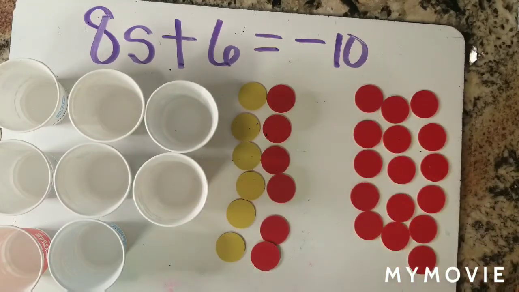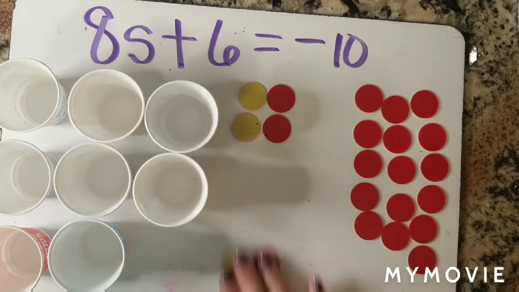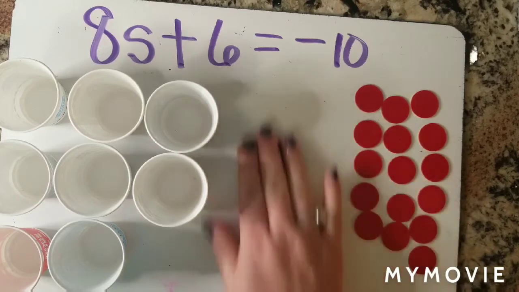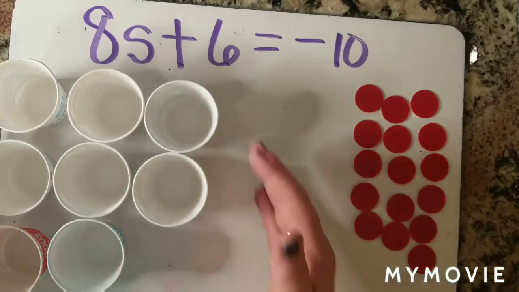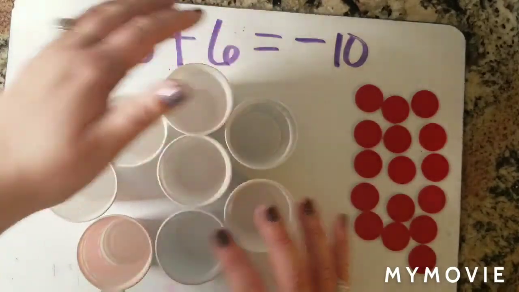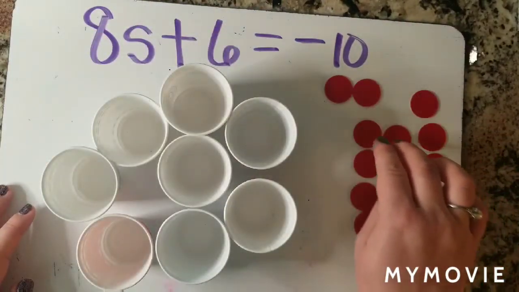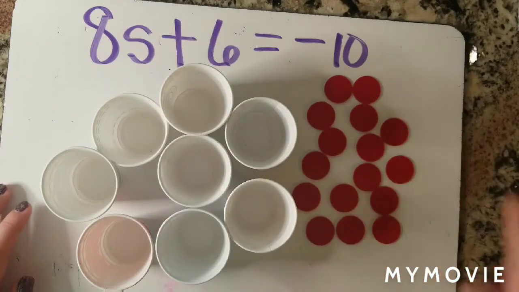Okay, so now we can get rid of our additive inverses. So we'll get rid of it here. I don't have any here, so I'll leave that alone. So now I'm left with 8s is equal to negative 2, 4, 6, 8, 10, 12, 14, 16.